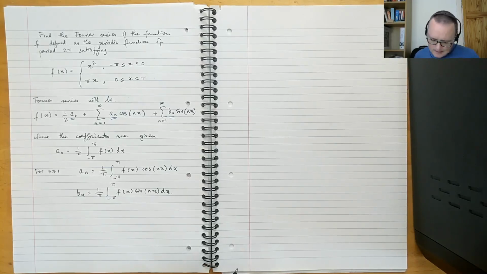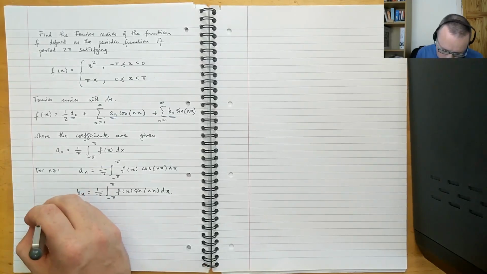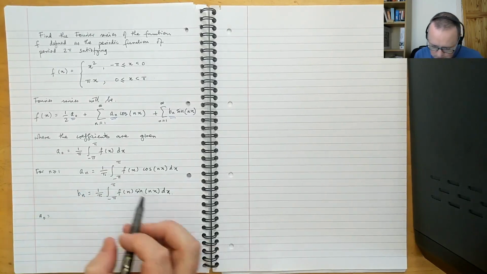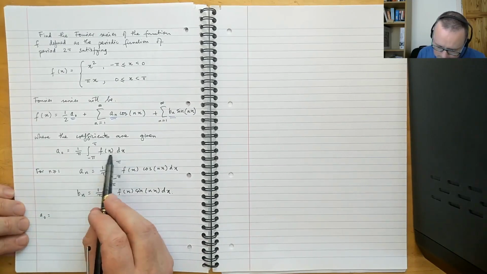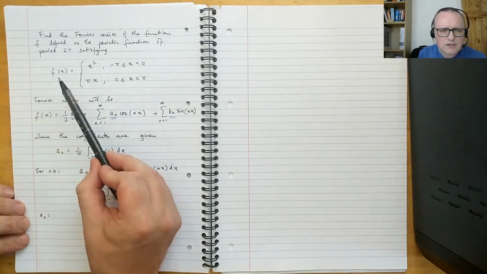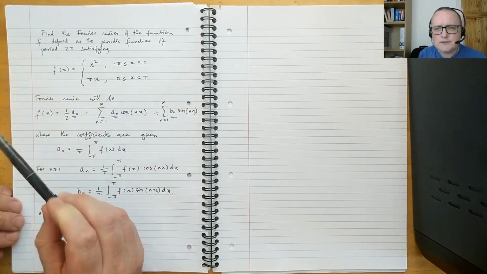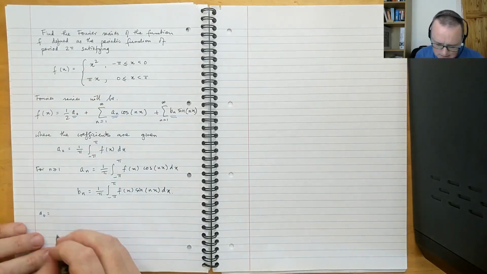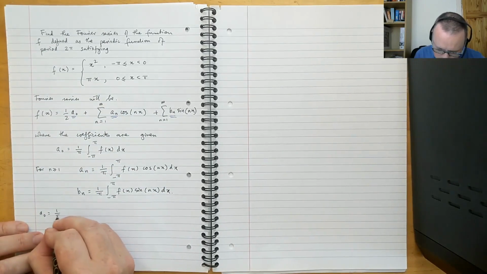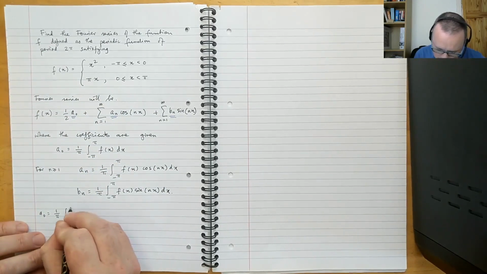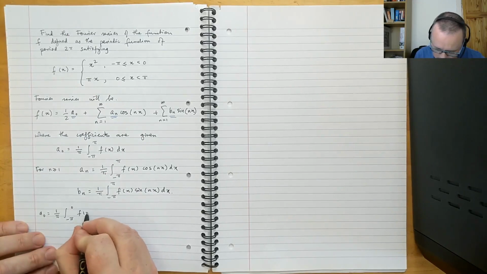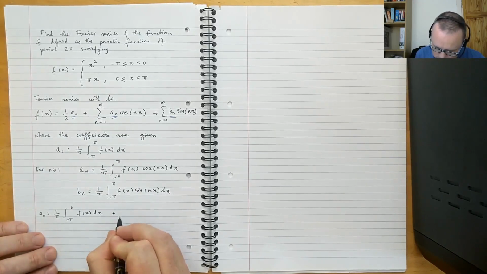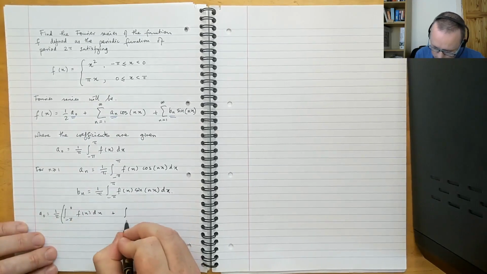So these are standard formulae for these coefficients, so we need to evaluate each of these in turn. We'll start with the constant coefficient a0. I won't repeat the formula, but this is it here, so we have to do this integral. But of course the function is defined in two different ways, on the negative half and the positive half. So it makes sense to split it up and say it's the integral over the negative half plus the integral over the positive half.